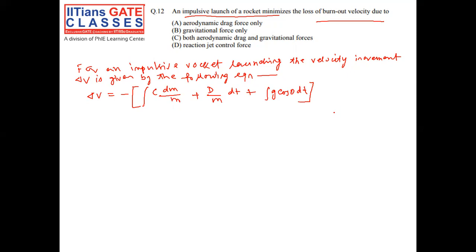Now for an impulsive rocket launching, let's just draw a schematic of that. So this is a schematic of rocket launching. This angle is theta. And this is the exhaust velocity.